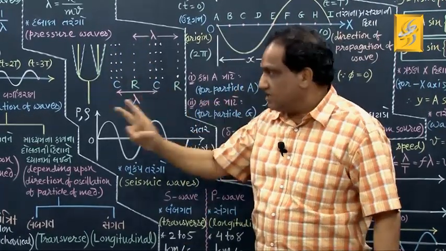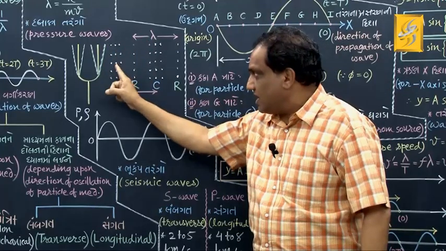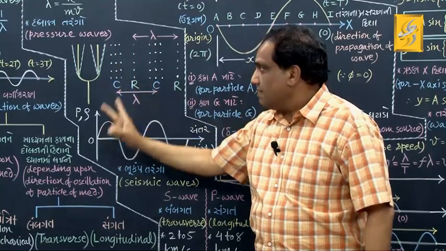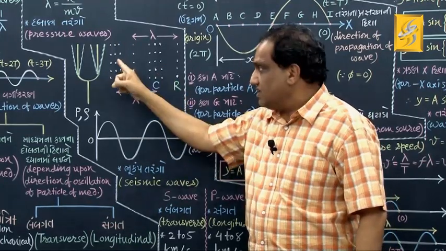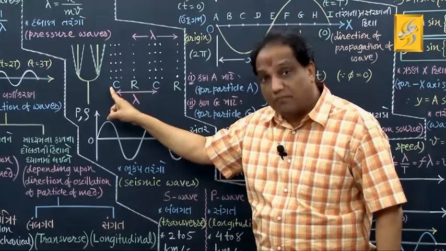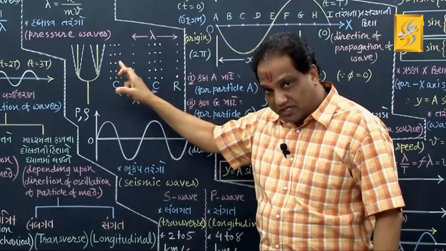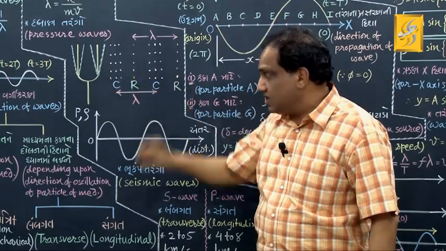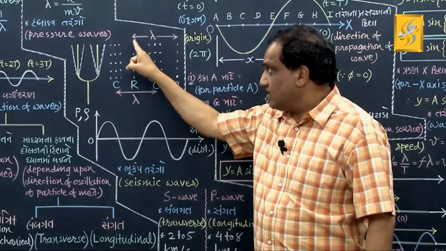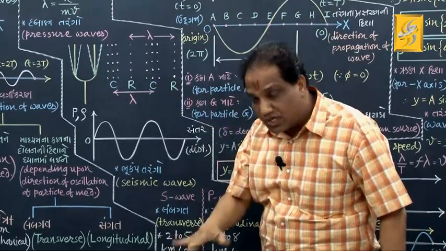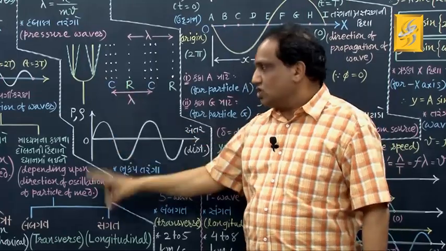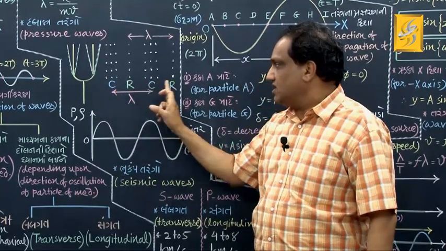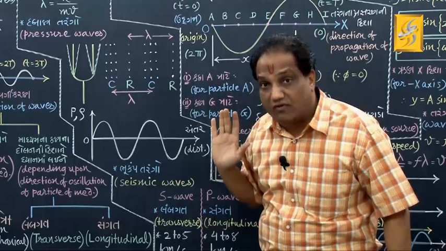At a given moment, if in the neighboring region pressure and density have increased, then in that region the particles will come very close. In that region we say condensation has taken place. At the same moment in the neighboring region, you will find a region in which pressure and density have been reduced. In that region we say rarefaction has taken place. So condensation and rarefaction are taking place alternately.